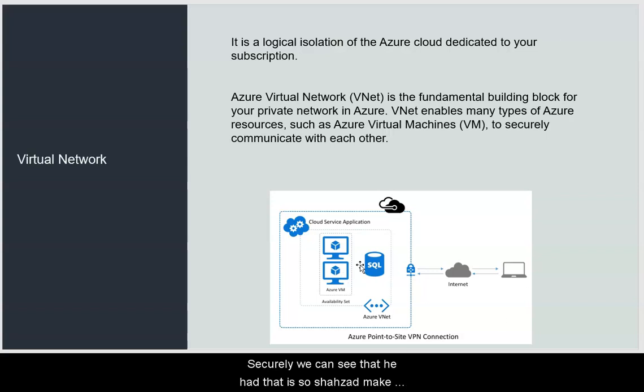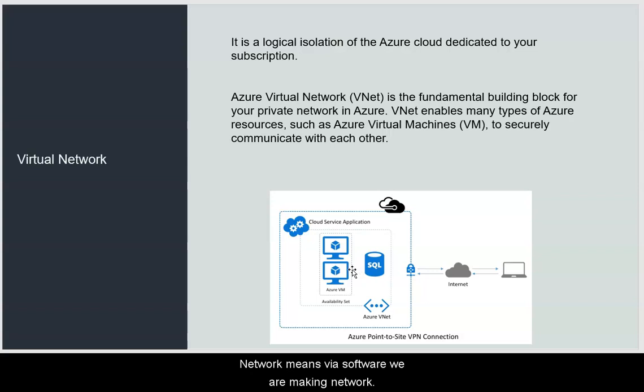You can see here that there are two virtual machines and one SQL Server, and within this entire Azure Virtual Network they are communicating with each other, securely passing the information. That's the reason for the virtual network. The name virtual network means we are actually virtualizing the network.